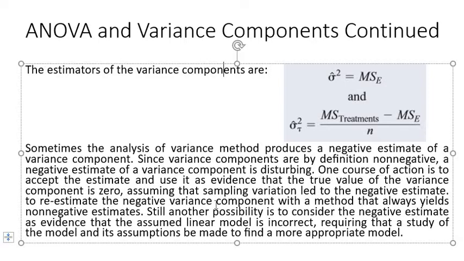One course of action is to accept the estimate and use it as evidence that the true value of the variance component is 0, because it is less than 0, assuming that sampling variation led to the negative estimate. So you will just assume that the reason you have a negative estimate is the sampling variation.